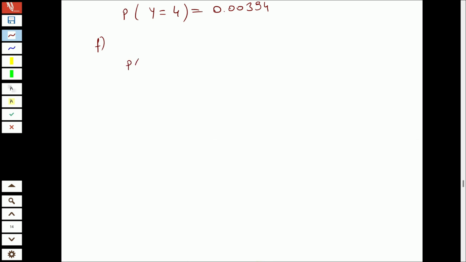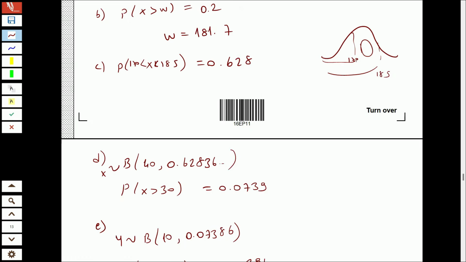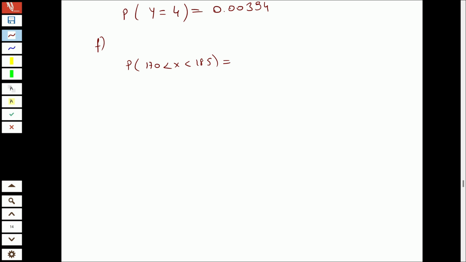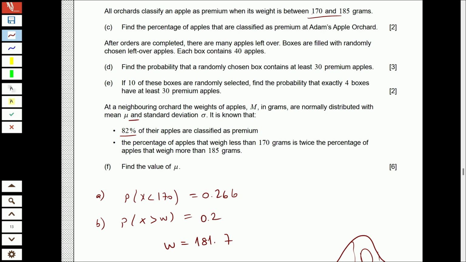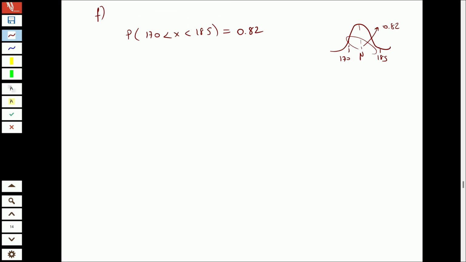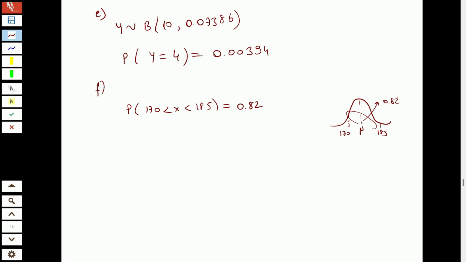Let's write this one. This is 82%, so 0.82, meaning that here is 170 and here is nu, the mean, and 185. We know that the area between here is 0.82. And I look for the percentage of apples that was less than, and I know that here, for example, the area is said as this.